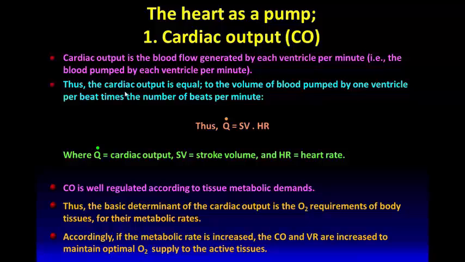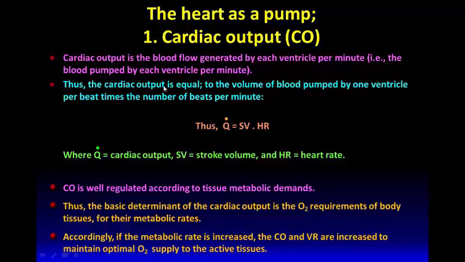However, the output generated by the left ventricle into the aorta is generated with a much higher pressure than the output generated by the right ventricle into the pulmonary trunk. The pressure generated by the left ventricle is approximately 6 to 7 times the pressure generated by the right ventricle, as we mentioned in the previous lectures.